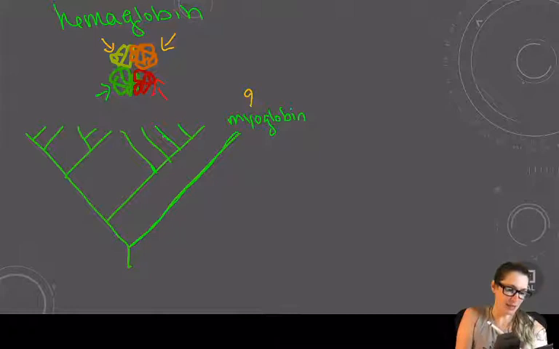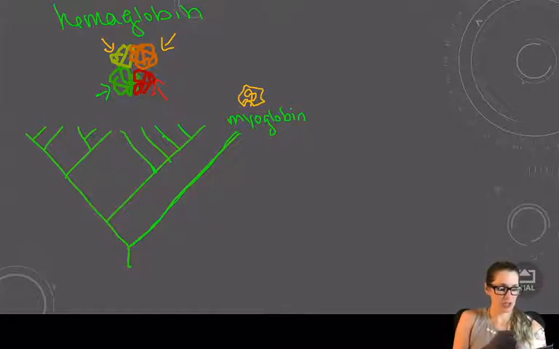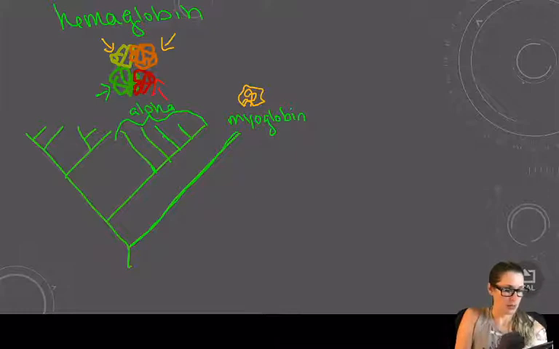And it is a single polypeptide chain. Each of these branches is a gene duplication that led to new globin genes. This part is the alpha globin family, and this is the beta globin family.